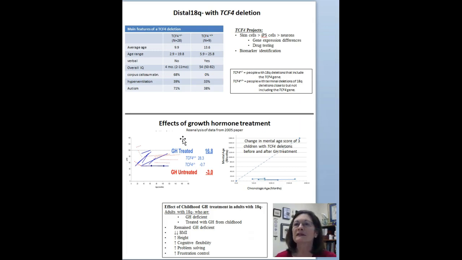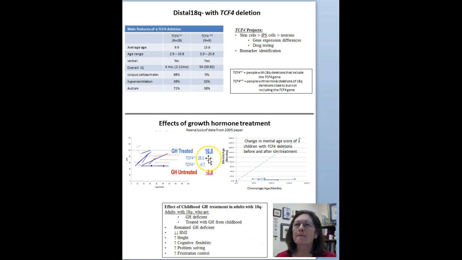So these data are people who are growth hormone treated. The red dotted lines, so if you don't have this in color, you can follow the dotted line, are the growth hormone untreated, and the blue solid lines are the growth hormone treated. And so you can see that those who were treated with growth hormone had an average increase in their performance IQ of 16.8 IQ points, which is significant.